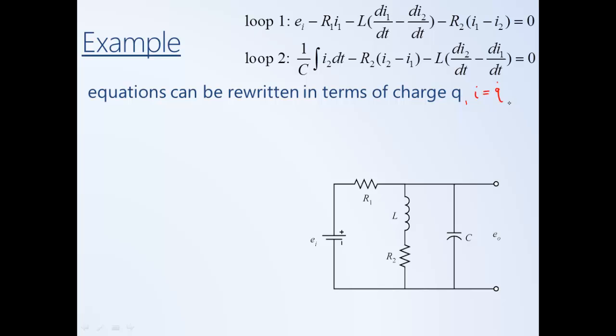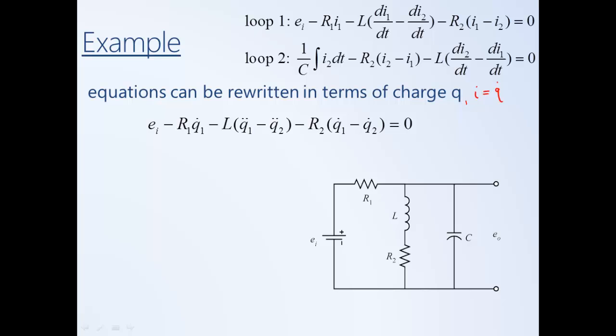Since current is the first derivative of charge, this is taking another derivative, and so this is equal to Q1 double dot, the second derivative of charge, and this is equal to Q2 double dot. And then again, this is current, which is Q1 dot, and this is I2, which is Q2 dot. So if we insert all of those substitutions, this is the resulting differential equation.